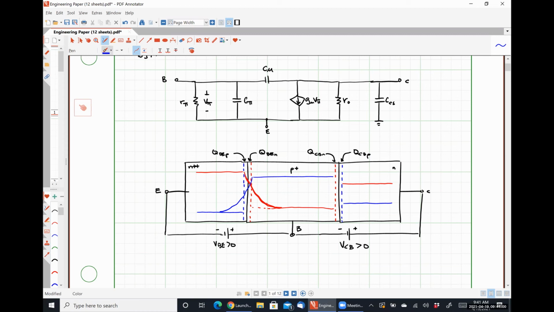Now we'll talk about our diffusion capacitance first, okay? Because we have a forward biased PN junction, there is going to be an accumulation of minority charge carriers on either side of our base emitter junction. So I'm going to call these guys here QDN, and these guys here QDP. This is because of the increased probability of diffusion across our reduced barrier potential.